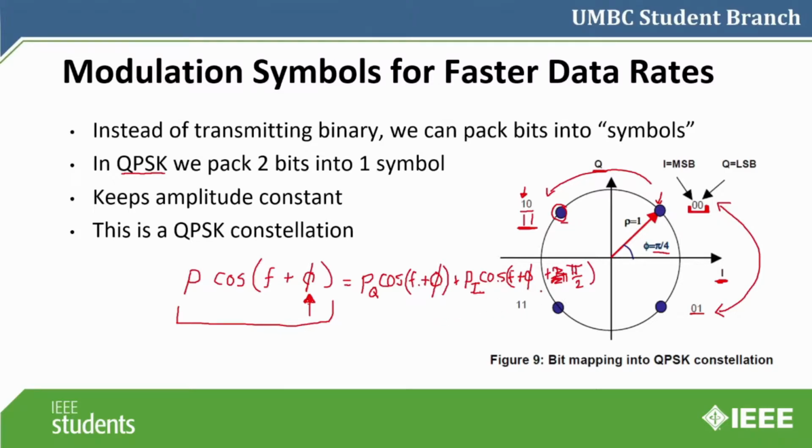And this addition of plus pi over 2 actually makes these two waves perpendicular. The reason that we would break a wave into two perpendicular waves is because it allows us to work in a two-dimensional space, which just helps with a lot of mathematical operations. So that's in-phase and quadrature components.